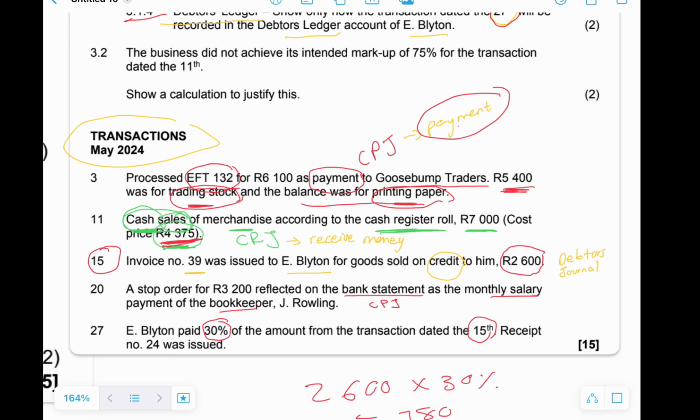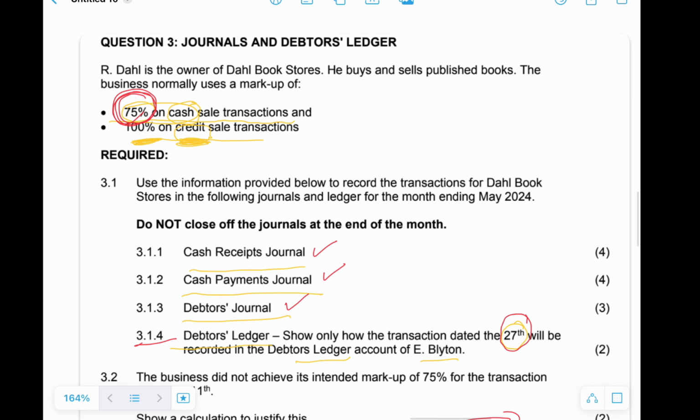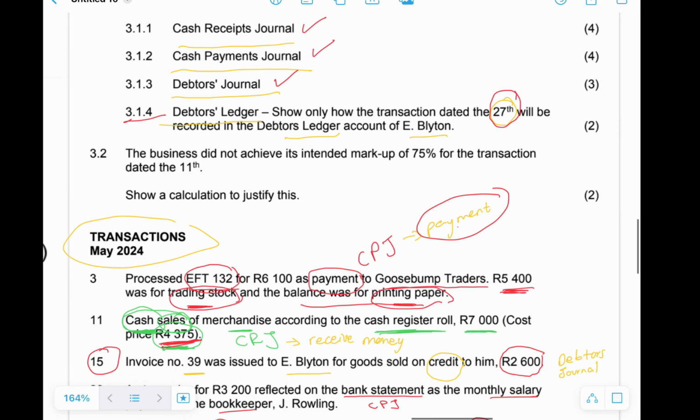Remember, in the beginning, they said that when they make a cash sale, they are expecting to make a profit of 75%. But they are telling us that on the 11th, they did not meet their markup percentage. So you must show calculations to support this.